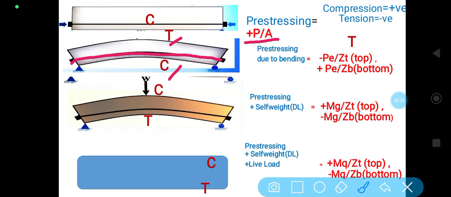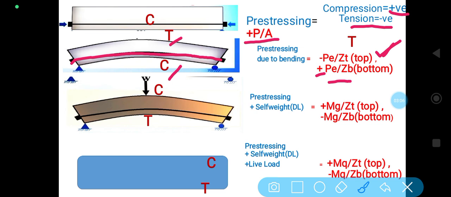In order to account for the eccentricity as well, the stress which is developed due to bending is given by P e by Z_T, where T represents the top fiber, and here it is Z_B, the bottom fiber. Here the negative sign convention is taken at the top, because tension is negative and compression is positive. Since compression is acting at the bottom of this beam, the sign convention is positive there.